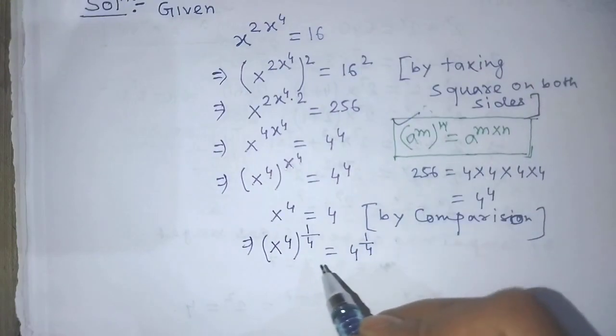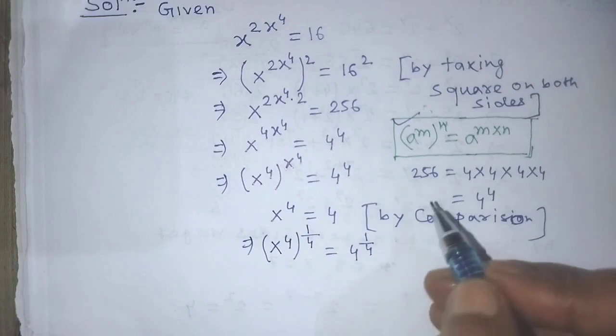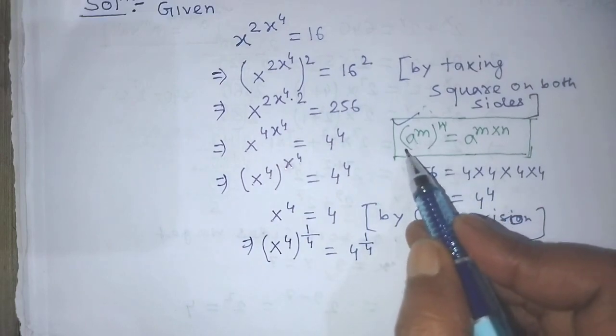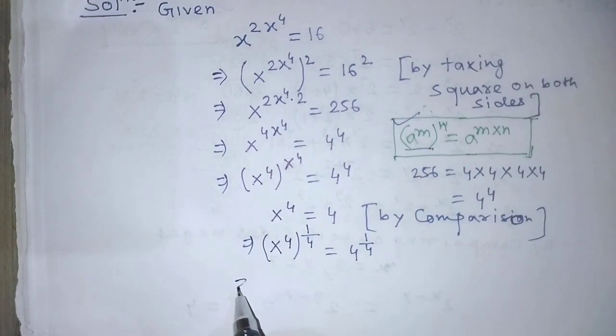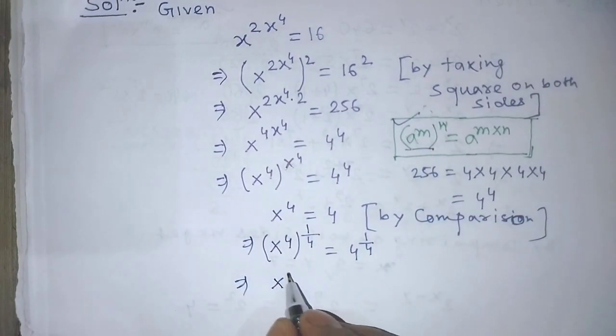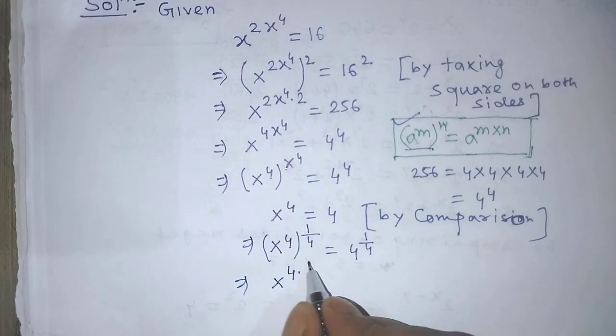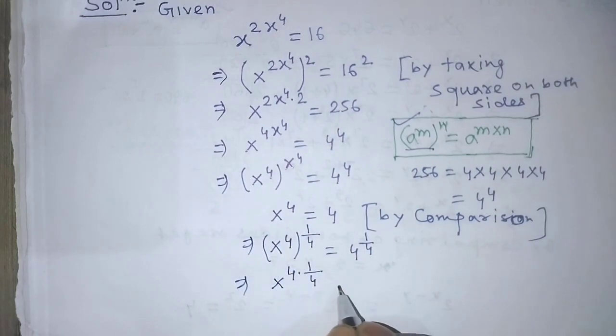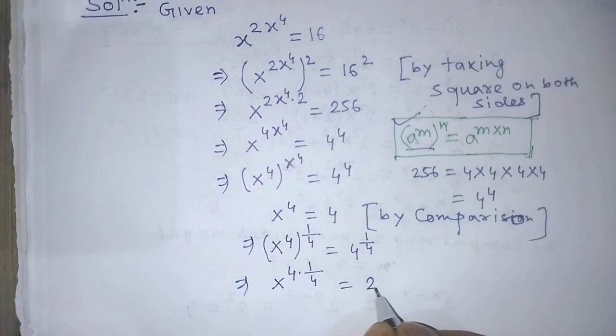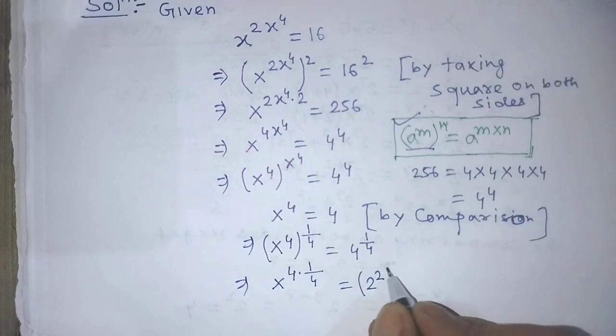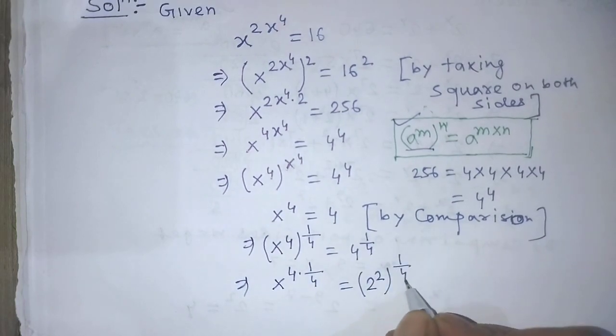So student, to simplify the left hand side of this equation, again you have to apply this formula. According to this formula, we can write from the left hand side x to the power 4 times 1 over 4 is equal to (2 to the power 2) whole to the power 1 over 4.